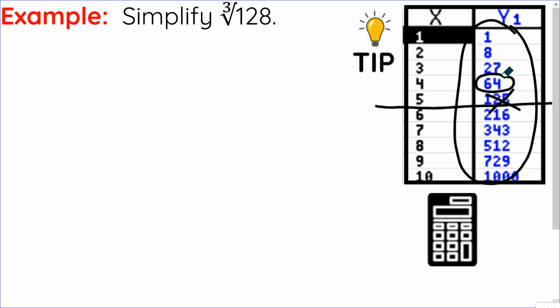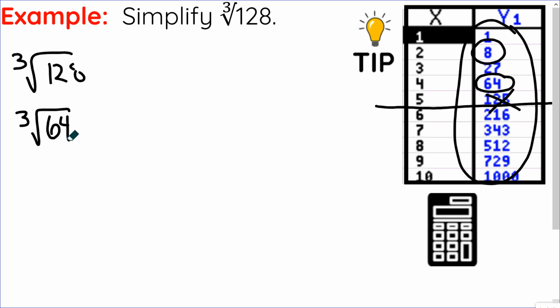Now the reason I like to go backwards is because look here, 8 is a perfect cube factor, but it's not the highest perfect cube factor. So I like to work backwards in my table. So I'm going to write this as the cube root of 128. That's the same as my perfect factor of 64 multiplied by my non-perfect factor.